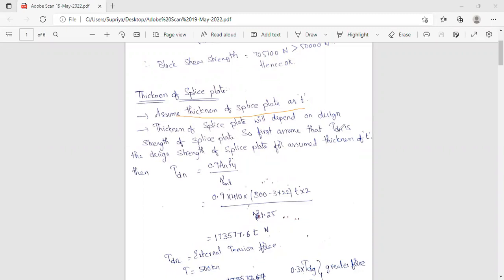First assume that TDN is the design strength of the splice plate for the assumed thickness T.